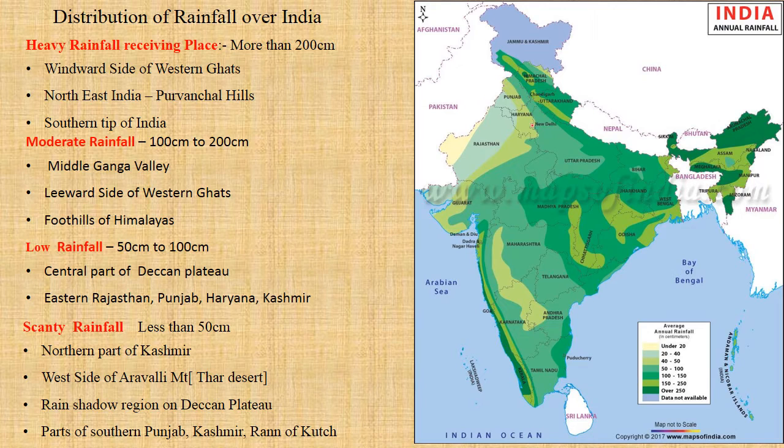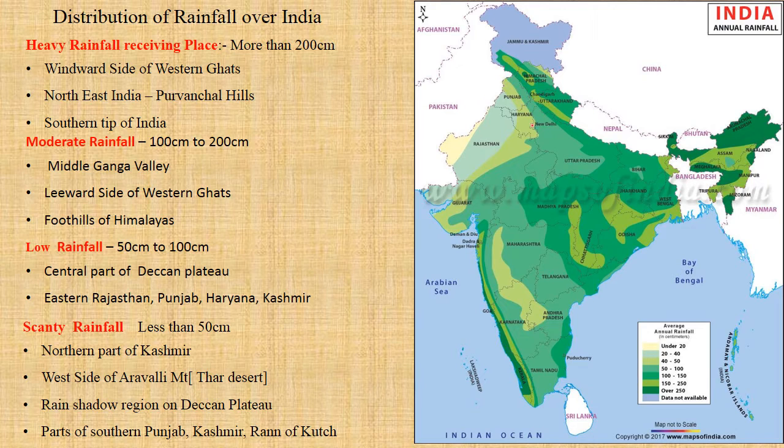Children, till now we have learned the rainy season divided into three parts. The advancing monsoon, where we receive heavy rainfall in all parts of our country, the second is the retreating monsoon, and the third is the northeast monsoon. Now let's see how the rainfall is distributed in all parts of our country.